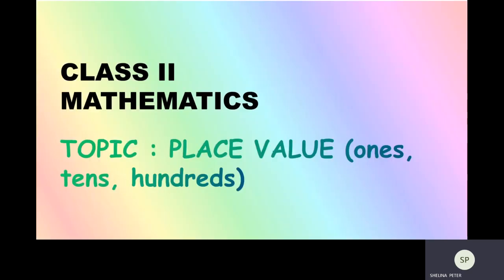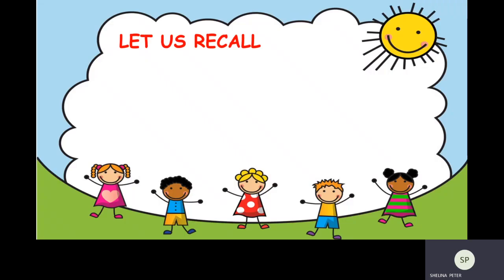So, my dear students, today we will learn a new topic, that is place value. But before we start, let us quickly recall what all topics we have covered so far.